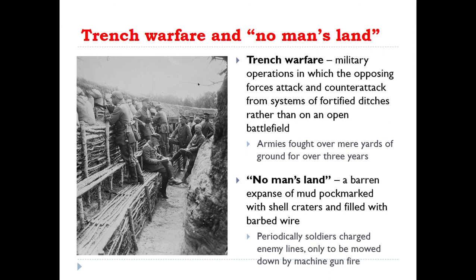The other side will counterattack, but neither side is really able to gain any ground because it's almost impossible to overtake your enemy's trench. The space between the trenches was known as no man's land, because if you got caught out there, there's a good chance you wouldn't survive. It looked like the surface of the moon, totally destroyed, big craters where bombs had exploded, barbed wire strewn about everywhere to stop guys from running through it.